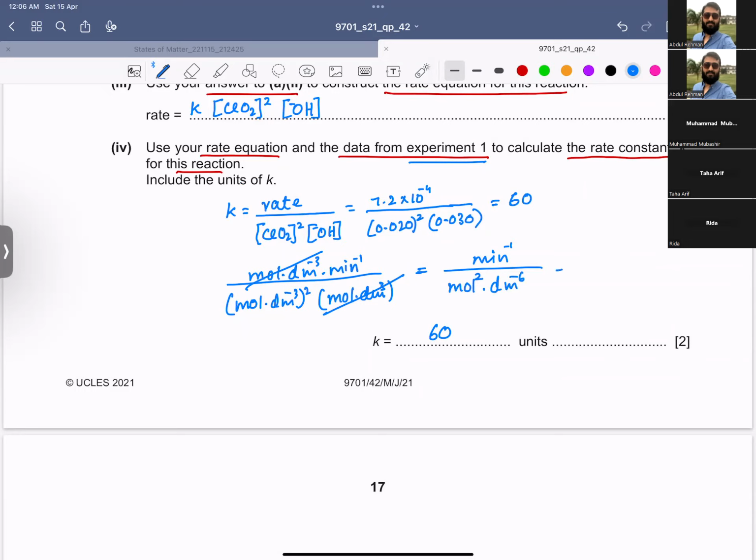If I take them to the numerator, it becomes mole inverse squared dm 6, and minute inverse remains the same. So my unit is mole inverse squared dm 6 and minute inverse. Is this clear?